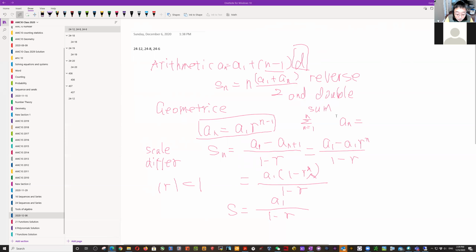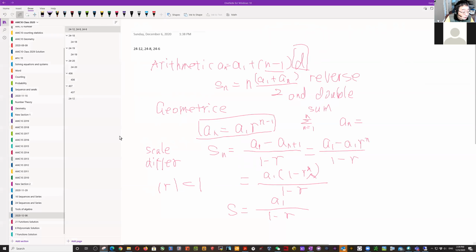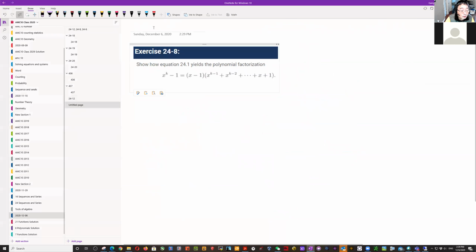Okay, so let's try to do this one. Yeah, it shows that equation 24(1) yields the polynomial factorization.